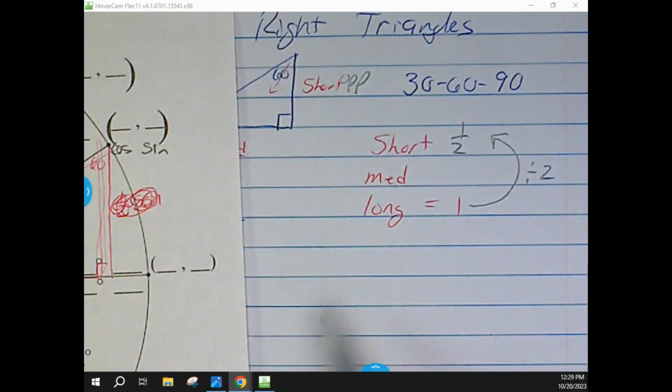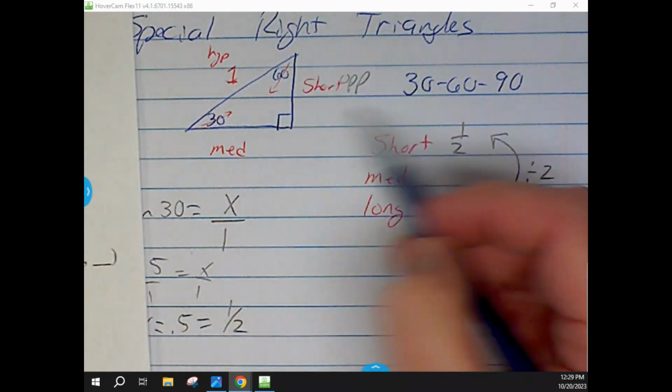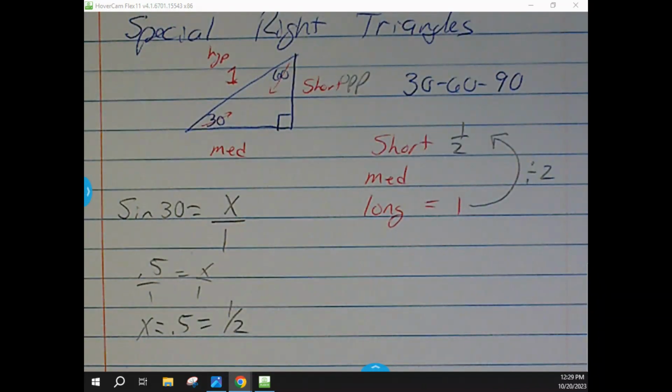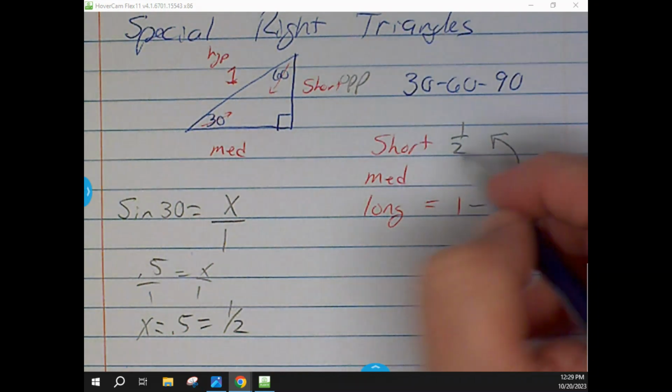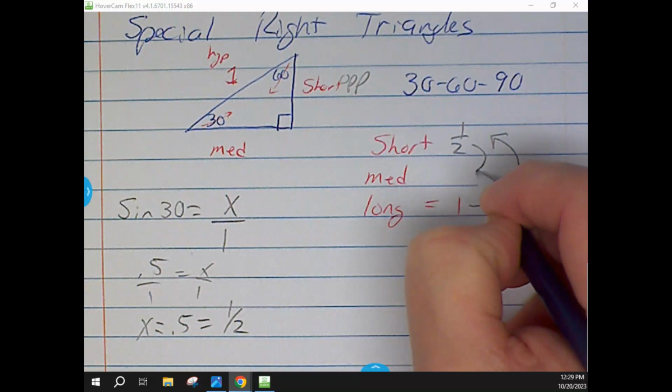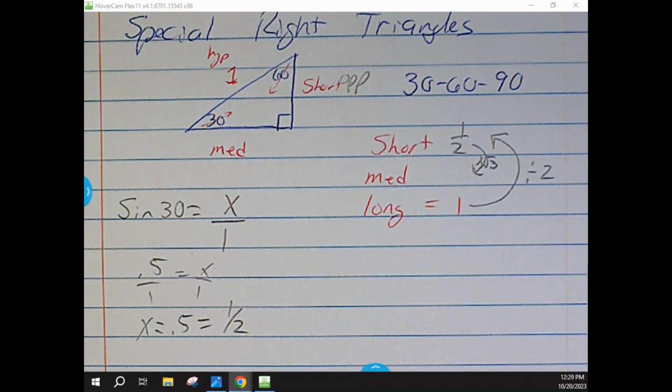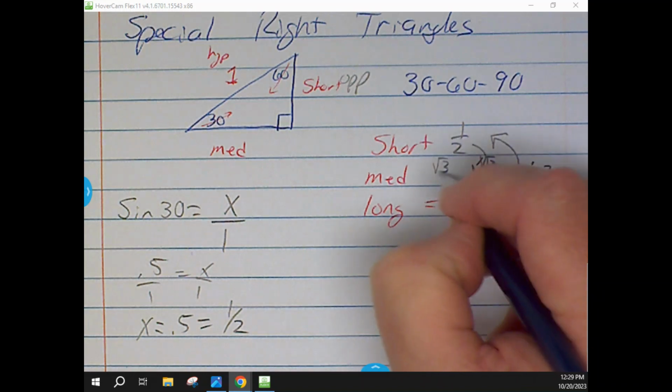We just found out that this answer right here was a half. That's how we figured out this thing was going to be a half. Okay, and then to go from short to medium, you take this side and multiply by square root of 3. So this becomes square root of 3 over 2.